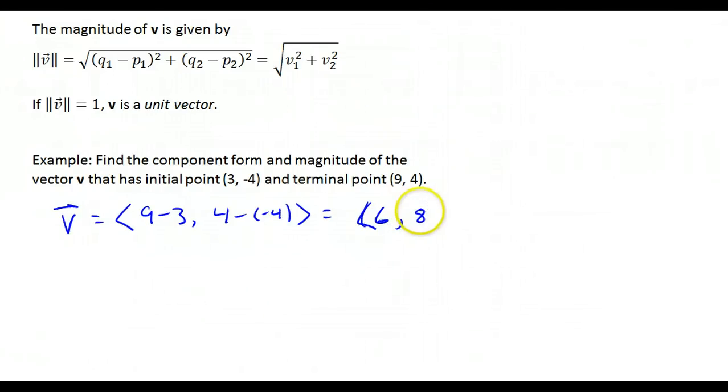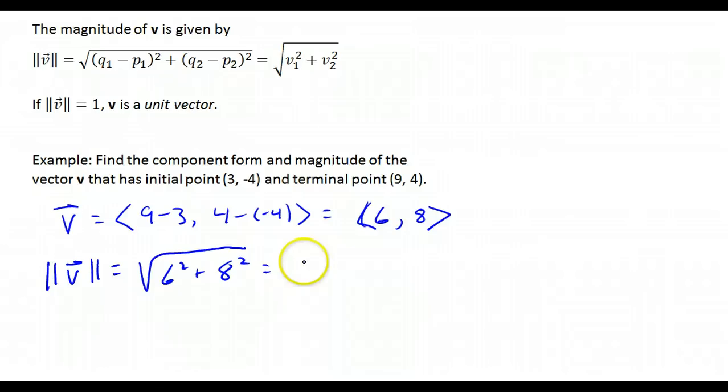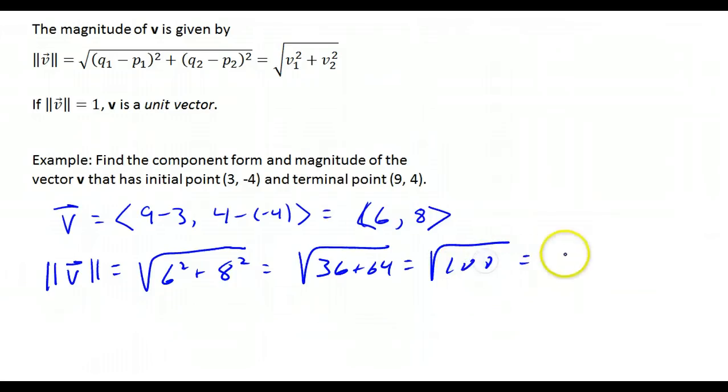Now, the magnitude of vector v is going to be the square root of this squared plus this squared. And so we get the square root of 36 plus 64, which is the square root of 100, which is 10.